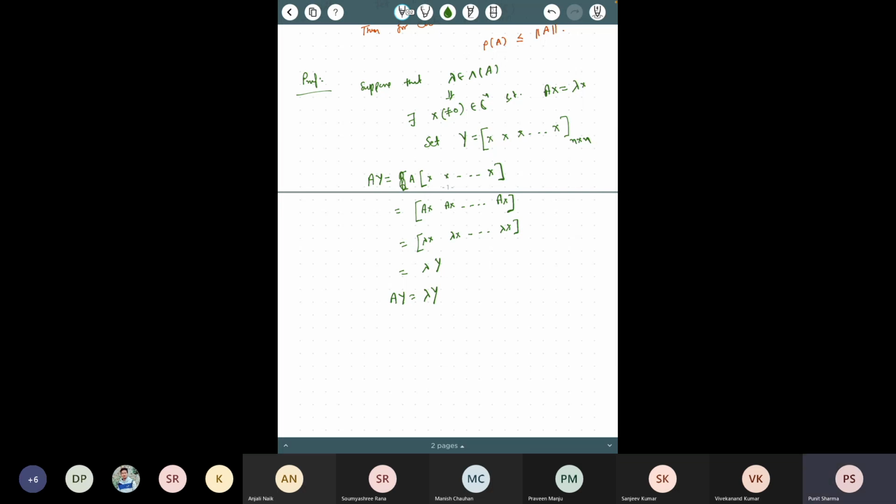So what does it mean? This implies that if I take the matrix norm on both sides, then it would be mod lambda times norm Y equal to norm of AY. But this norm is a matrix norm, so it satisfies submultiplicativity. So it would be less than or equal to norm A times norm Y, right?